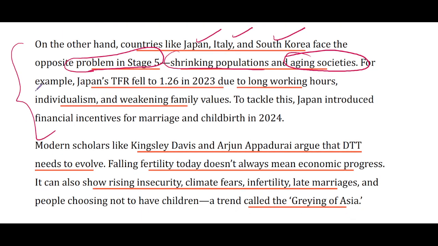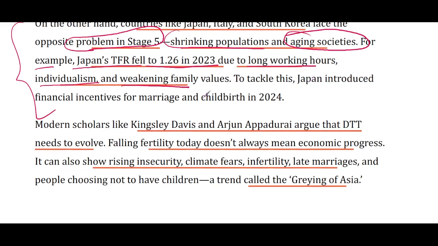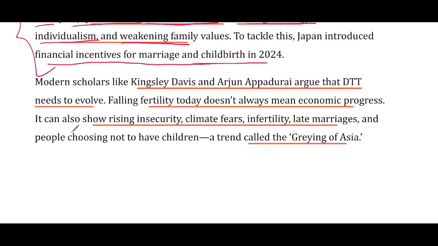For example, Japan's TFR fell to 1.26 in 2023 due to long working hours, individualism, and weakening family values. And to tackle this, Japan introduced incentives for marriage and childbirth.